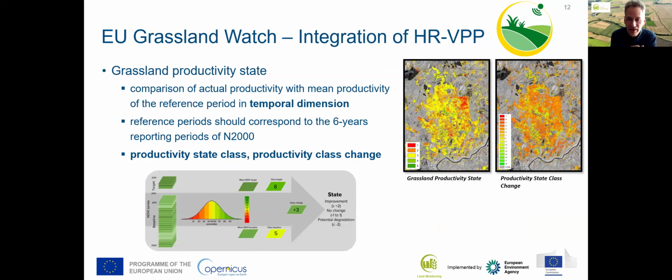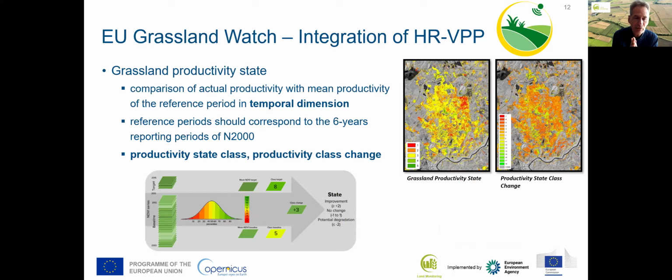We are not only looking at this for one moment in time, but we're actually looking at the temporal dimension, because it is, of course, interesting how the productivity is changing between the years.